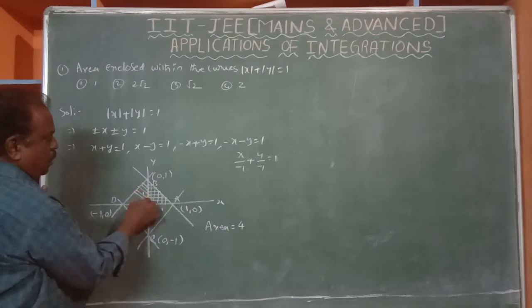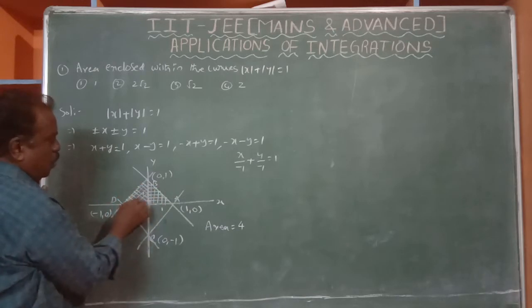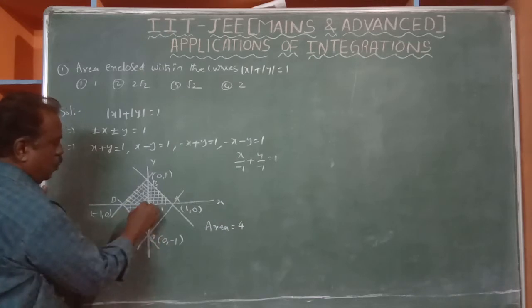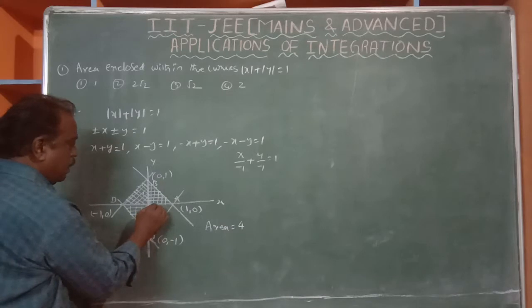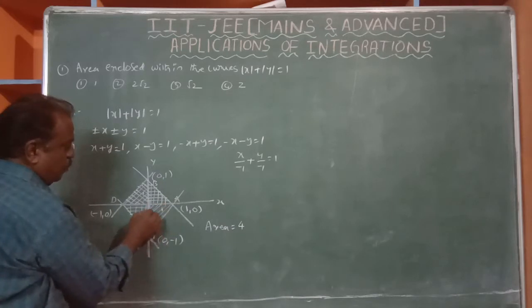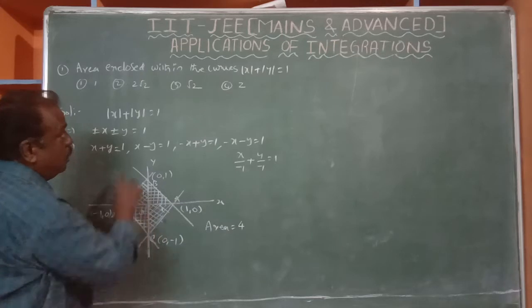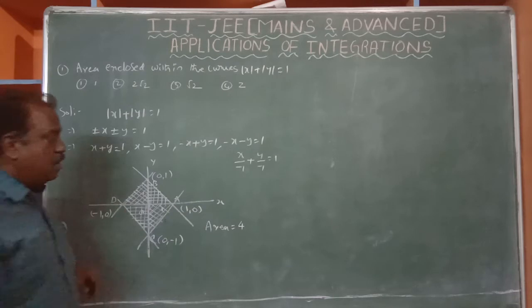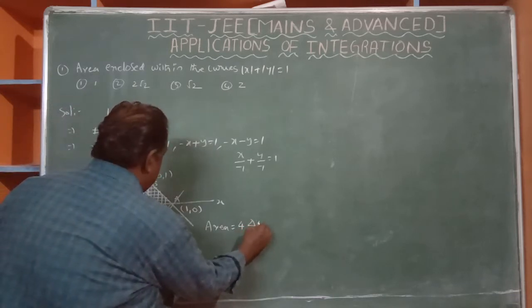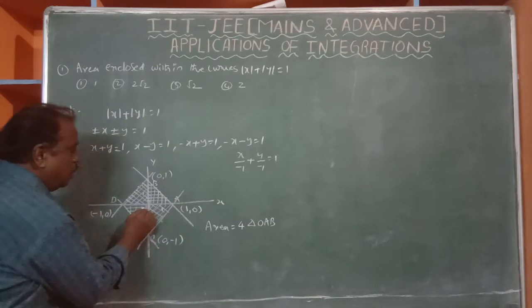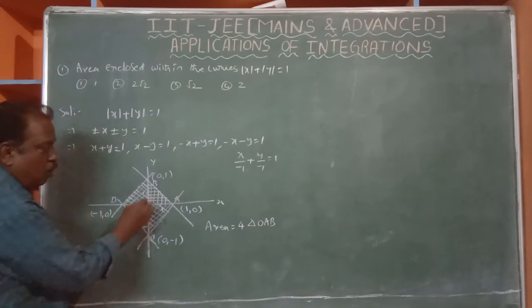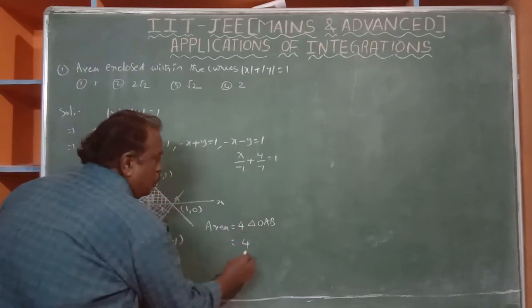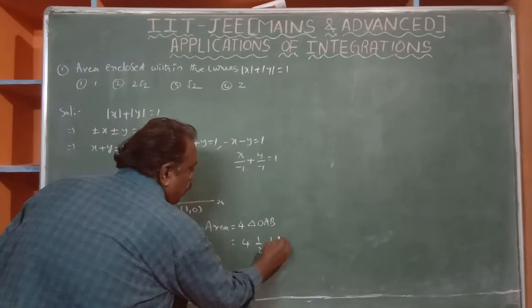Total area is there, because we are asked to find the area enclosed by all the curves. So it is symmetric. It is 4 times the triangle OA. 1 time, 2 times, 3 times, 4 times, like that. So it is 4 into 1 by 2 into 1 into 1.